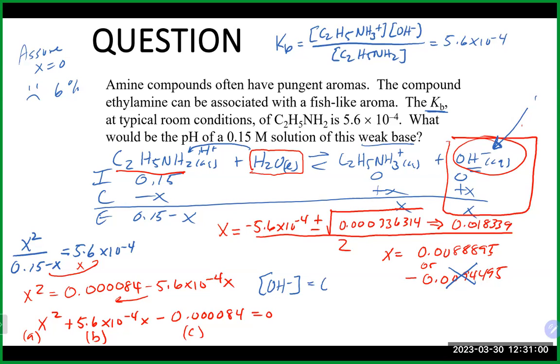So that's going to be 0.0088895. That allows you to go into the pOH, which is an important distinction here. And that will get you a pOH of about 2.05.